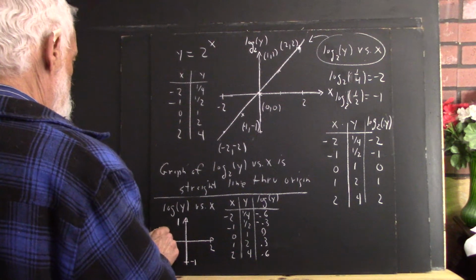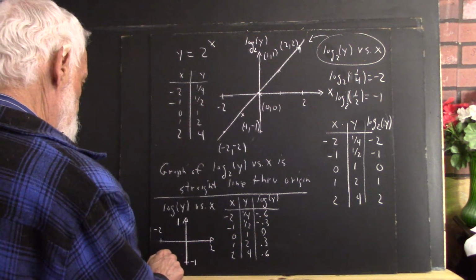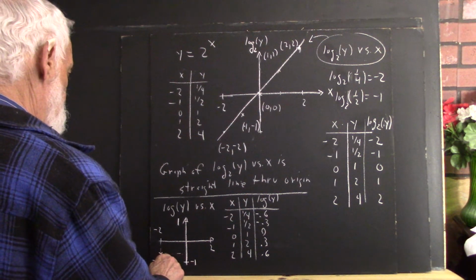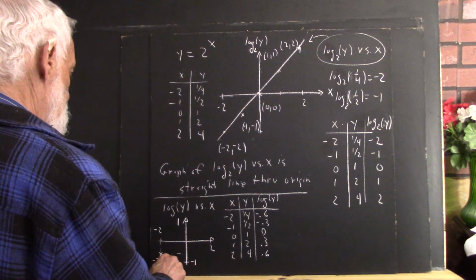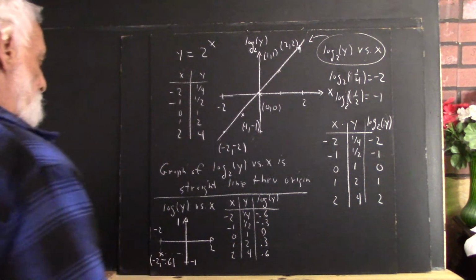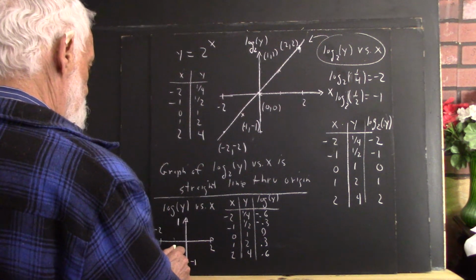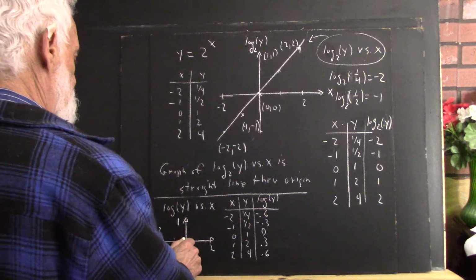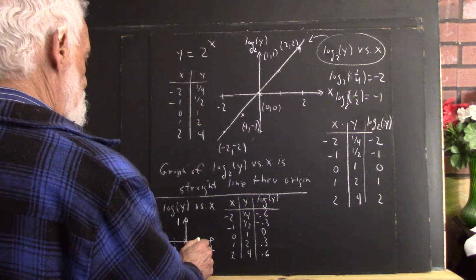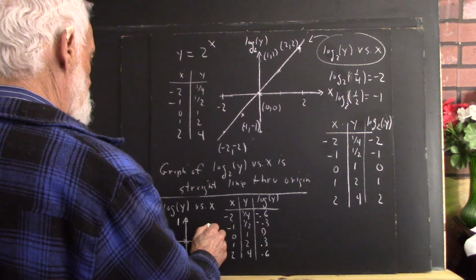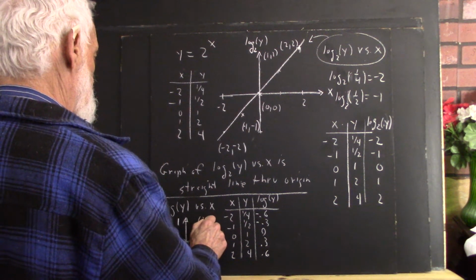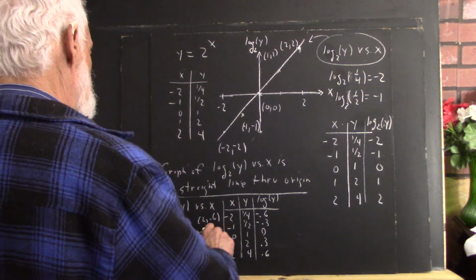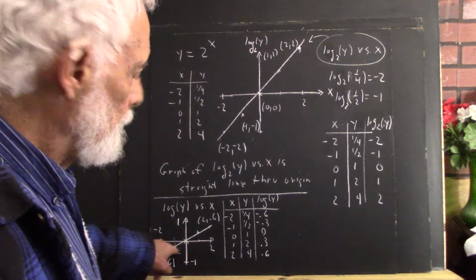So we get negative 0.6 for the y. And then we're going to get negative 1, negative 0.3, and 0, 0 again, and 1, 0.3, and 2, 0.6. Should be pretty obvious that this is still a straight line.